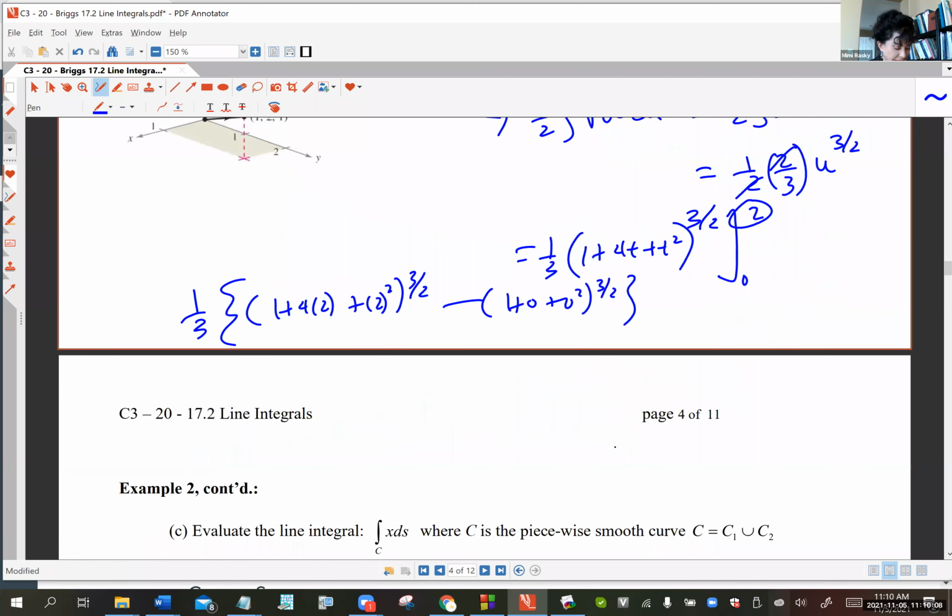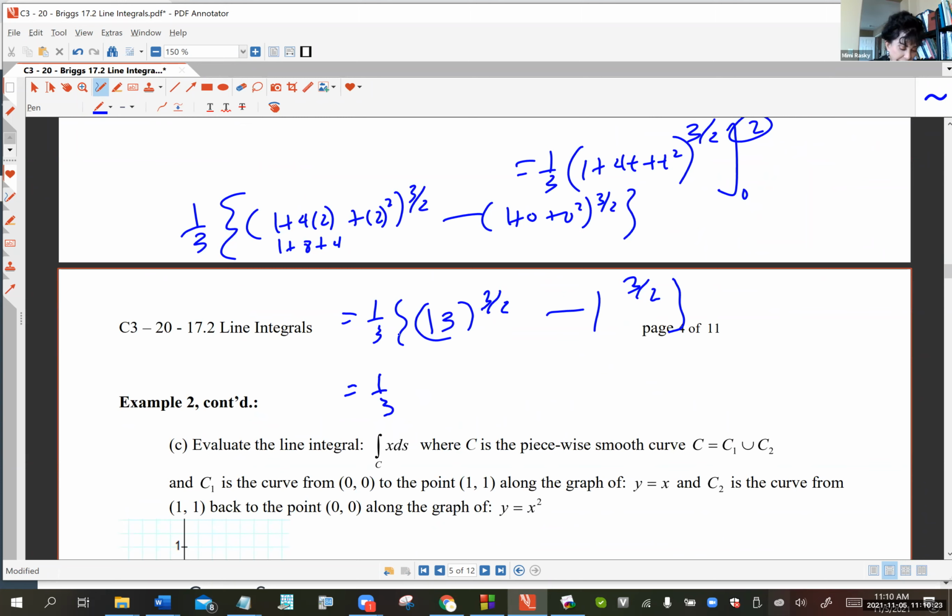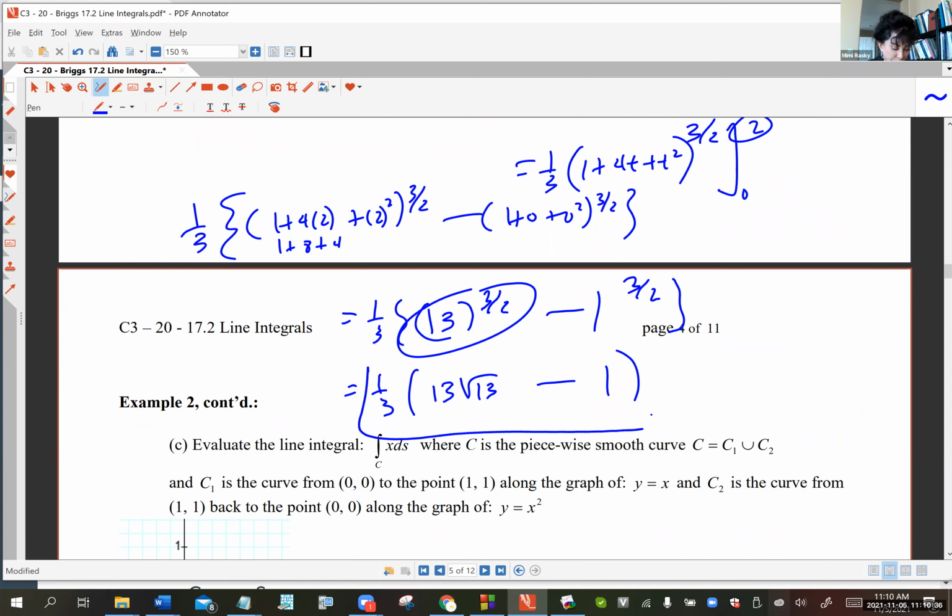And then what do I get here? I get a 1/3 times, oh, this is not going to be pretty, 1 plus 8 plus 4. Yikes, 13 to the 3/2 minus 1 to the 3/2. Yeah, one extra step. 13 to the 3/2 is the same as 13 square root of 13, and 1 to the 3/2 simplifies to 1, and there we have it.